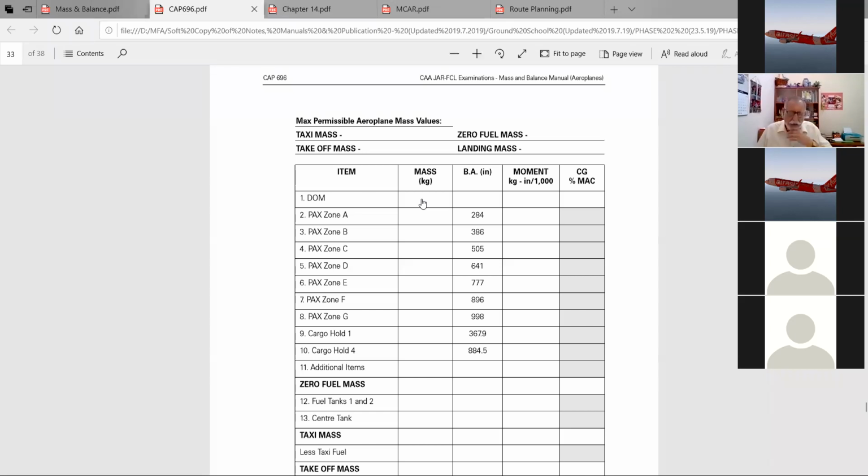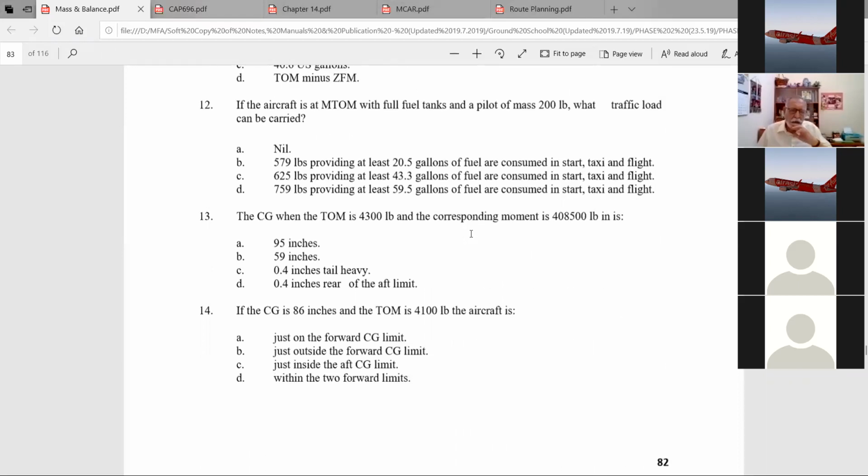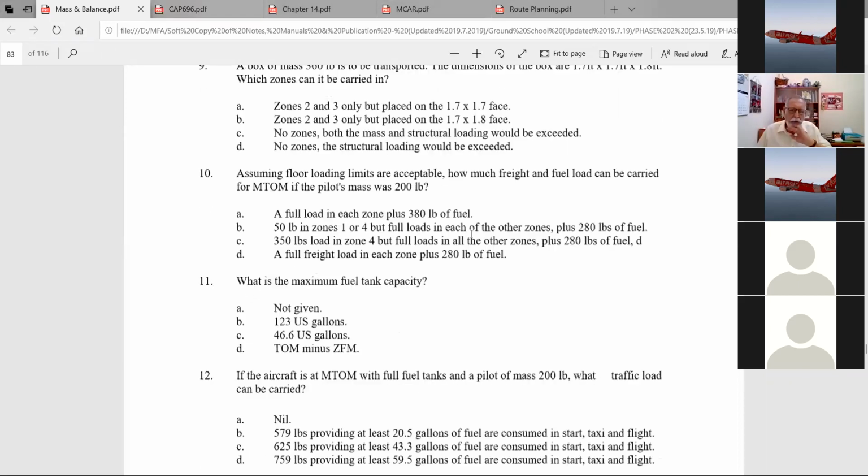Are you all there with me on figure 2.16 in your pen drive? Page 63. Stabilizer trim setting. Yeah, stabilizer trim setting.